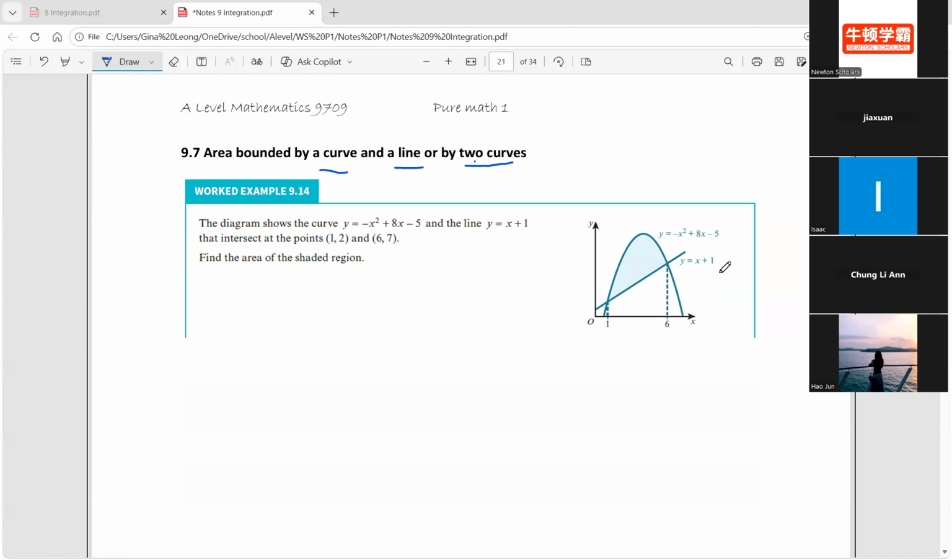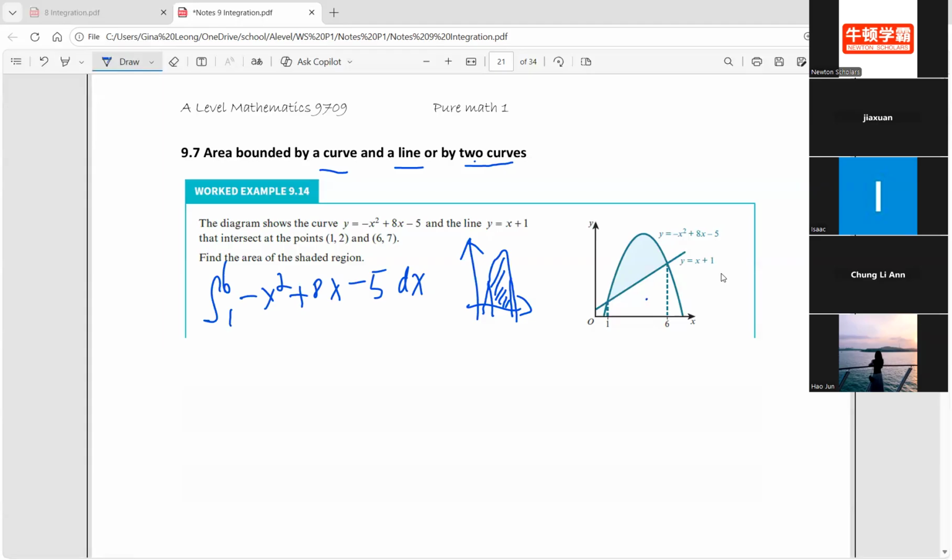I write down the integration from 1 to 6 of minus x squared plus 8x minus 5, dx. That means you will get the area for the whole thing. Then you need to minus the trapezium shape, then you will get the answer.